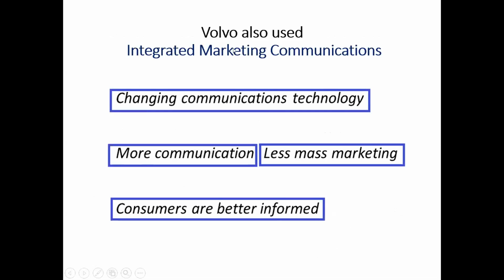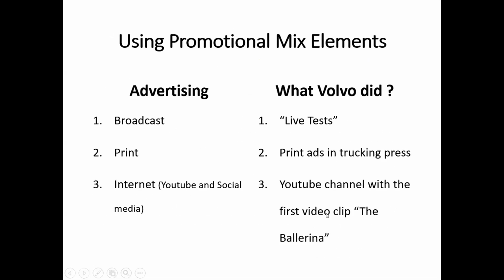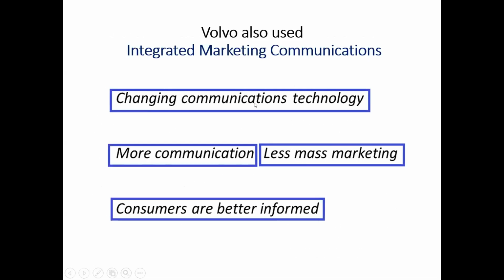Volvo also used integrated marketing communications. It means changing communications technology: previously Volvo used traditional media and later tried new media. It means changing communications technology, more communication, less mass marketing, and consumers are better informed.